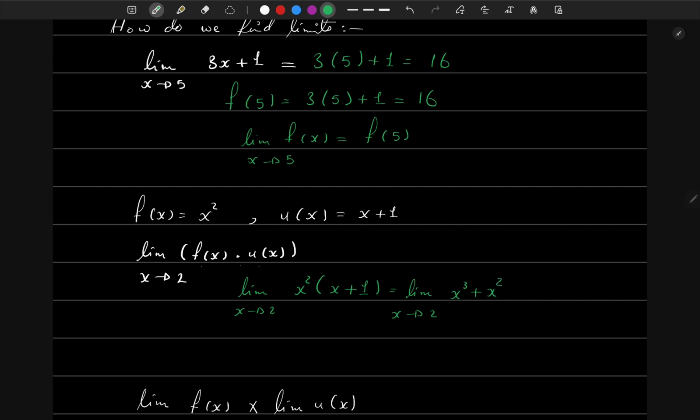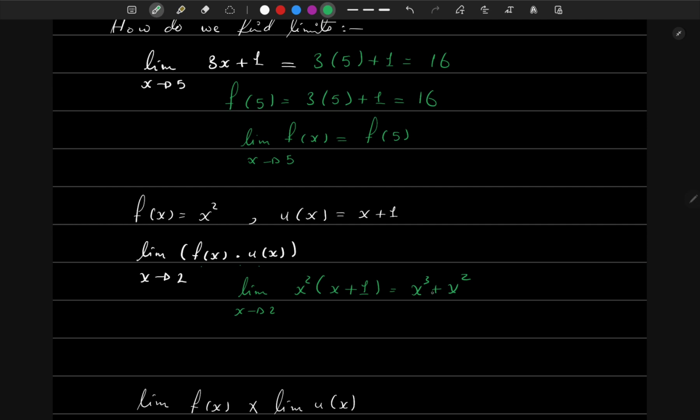Now, before I go on, a lot of people make a mistake. Here we just rearranged the function, we just wrote a different format for the same function. So a lot of people make the mistake of doing adjustments on their functions like this. They say the limit blah blah blah equals x cubed plus x squared, and that is wrong.